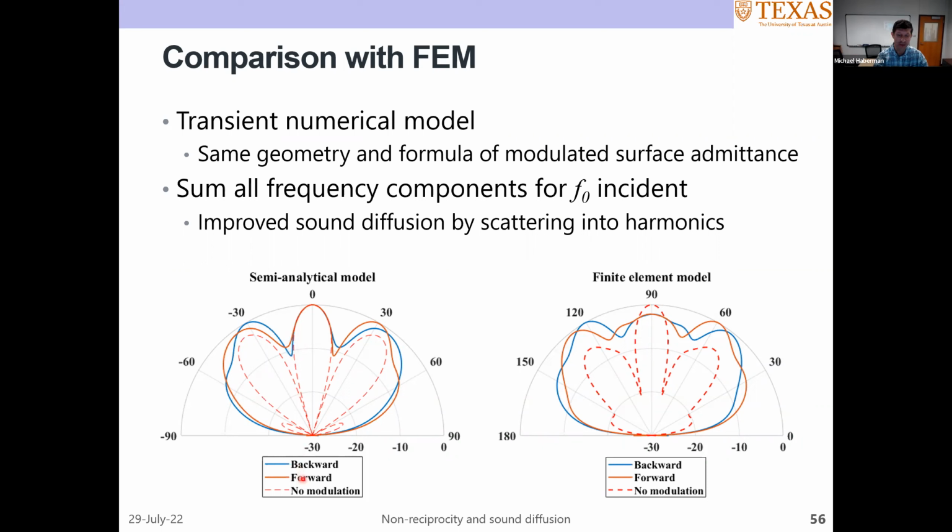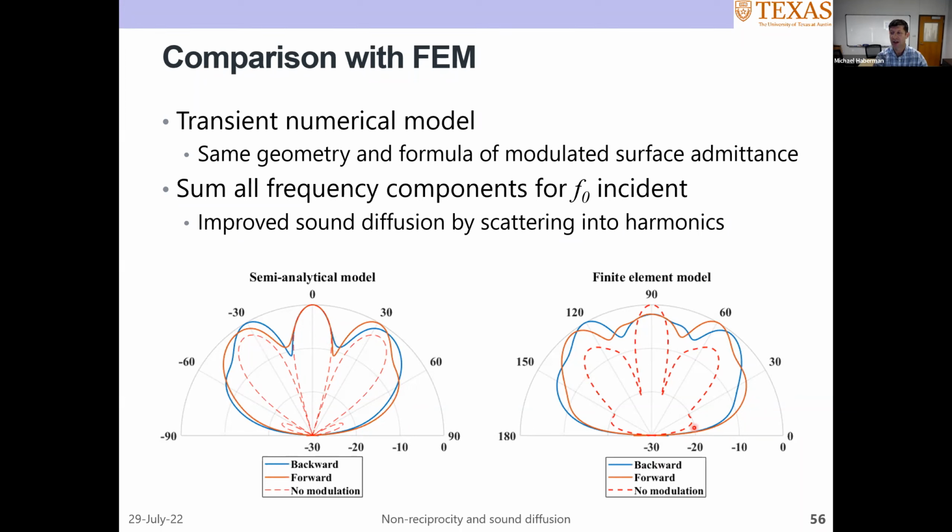If you modulate it in the backward direction, in other words negative X, or the forward direction, this is the total energy, or basically the backscattered energy. There's still some uneven distribution, but it's more diffuse than the original case by quite a bit.